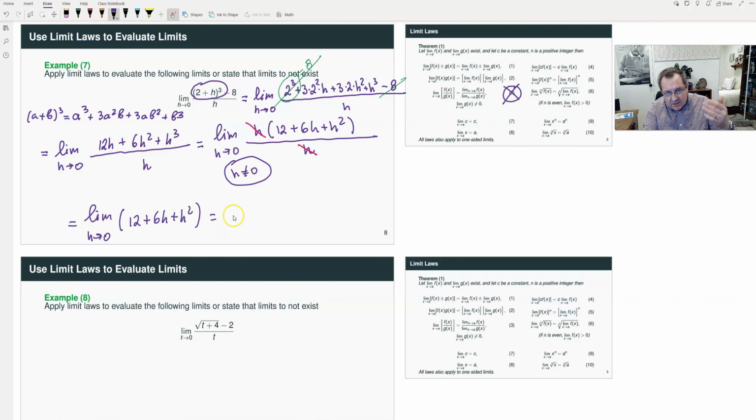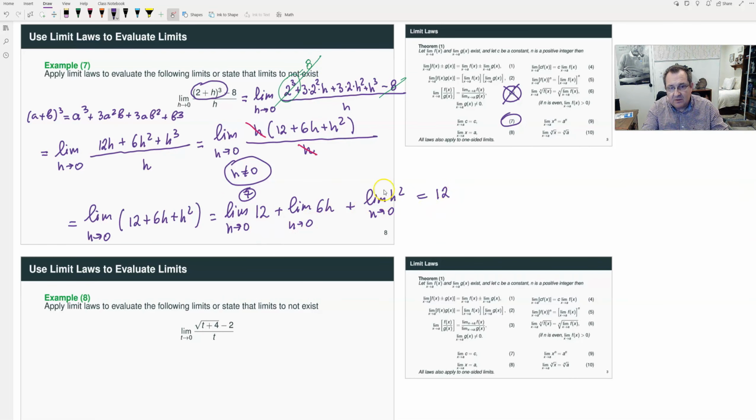Now, one last time, I will break this down into 3 limits, like limit as h goes to 0 of 12 plus limit h goes to 0 of 6h plus limit of h squared as h goes to 0. According to the formula 7, that first limit is equal to 12.